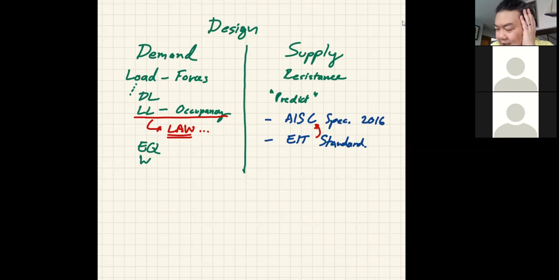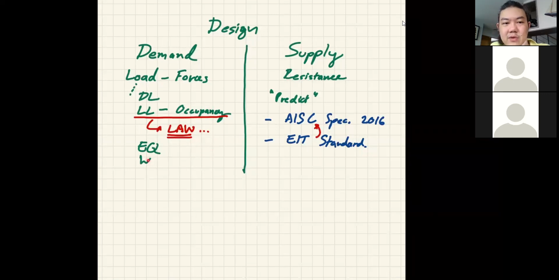So the left side is absolutely necessary to know. Let's say you are going to work in China, for example, you must know what laws they use over there. There are no excuses that you don't know at the beginning that the law states that the building must be able to do this and this and this.